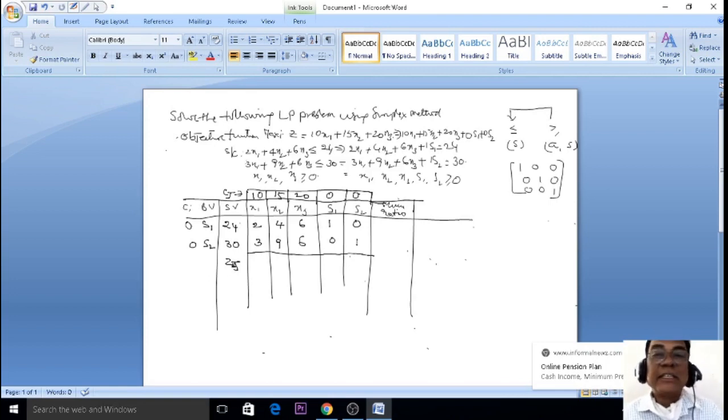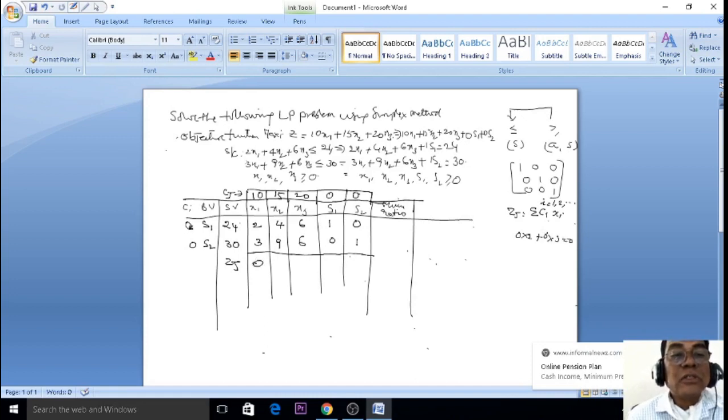Next point, ZJ. What is the basic formula for the concept of ZJ? ZJ is equal to sigma Ci into Xi, where i is equal to 1, 2, 3, 4, and so on. It means 0 into 2 plus 0 into 3, all equal to 0, so write 0 here.